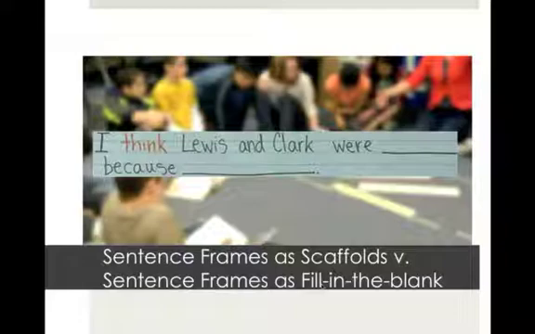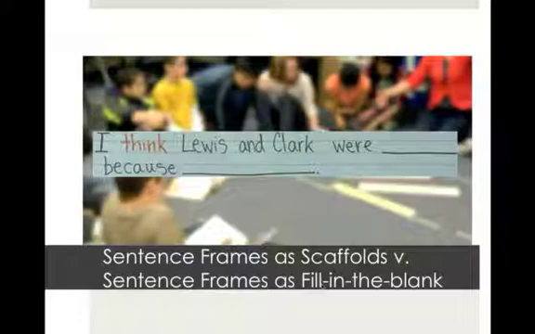Or is it that they see it as fill in the blank? Okay, I'm not thinking about this, I'm just adding on whatever I should be, but I'm not really learning how to generate a full sentence or using academic language appropriately in this sentence.